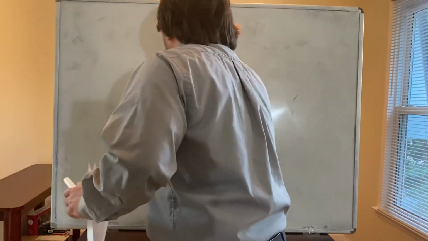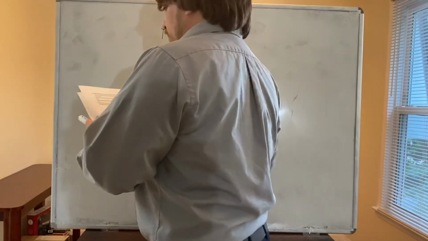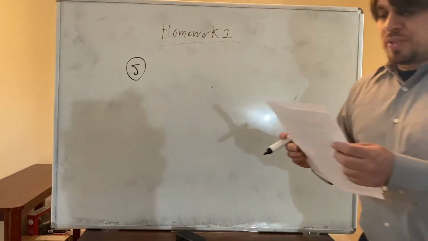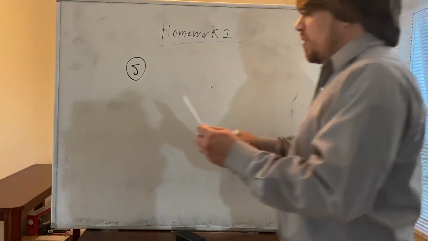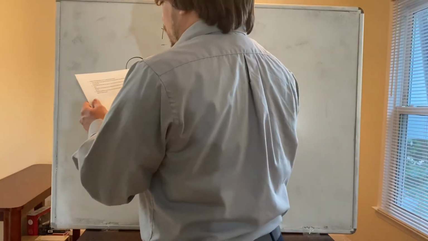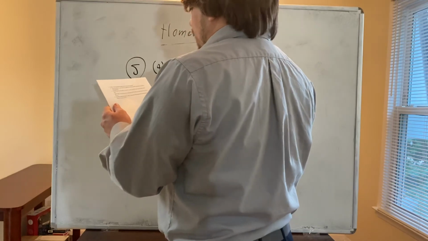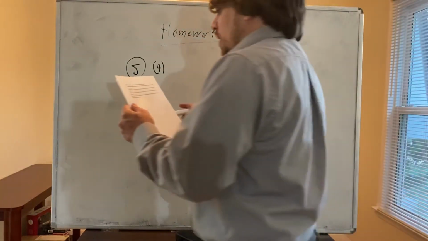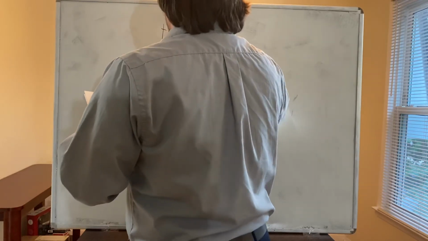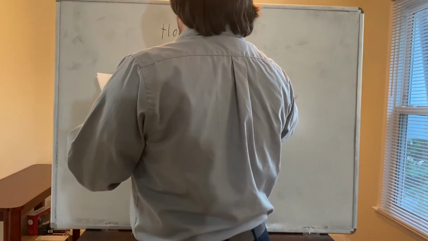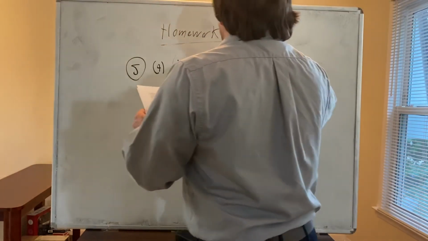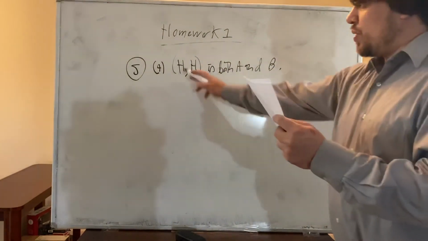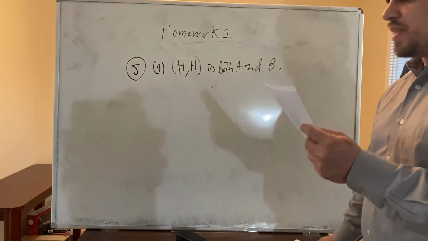And then for number 5, it says in which of the following events are A and B mutually exclusive? So for part A, you toss a coin twice. A is the event of head on the first toss. B is the event of head on the second toss. So heads on both tosses is in both A and B, because event A is heads on the first toss, B is heads on the second toss.